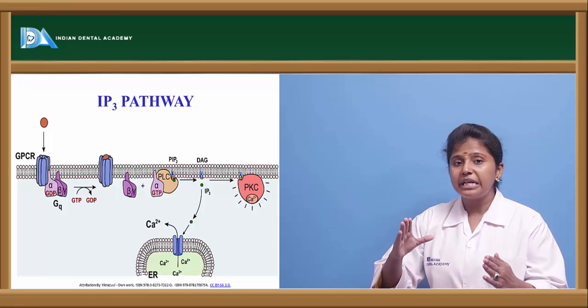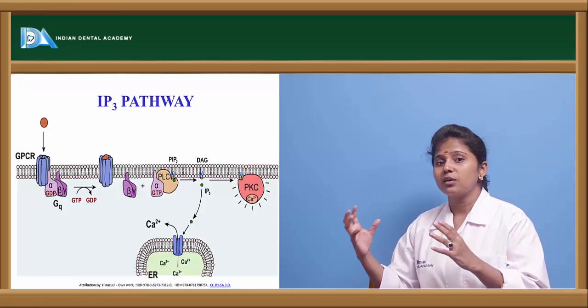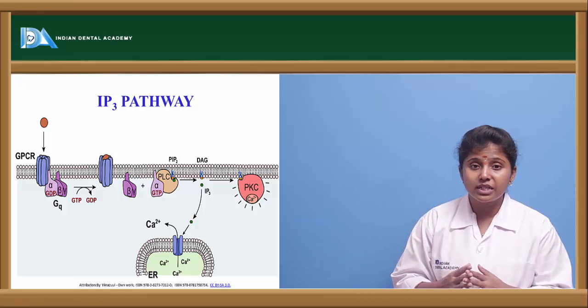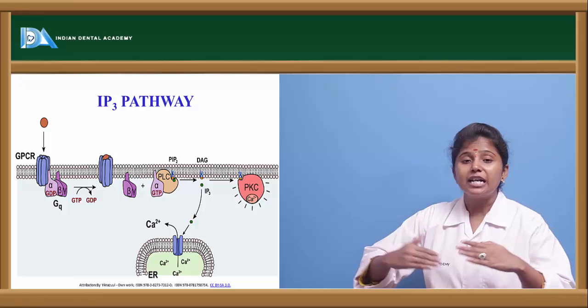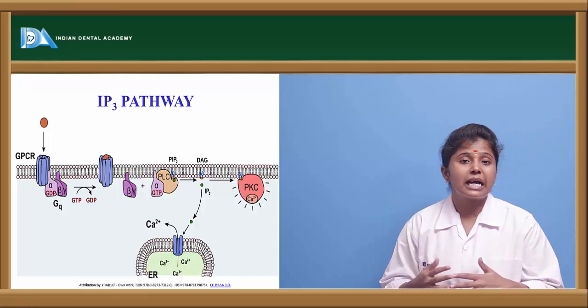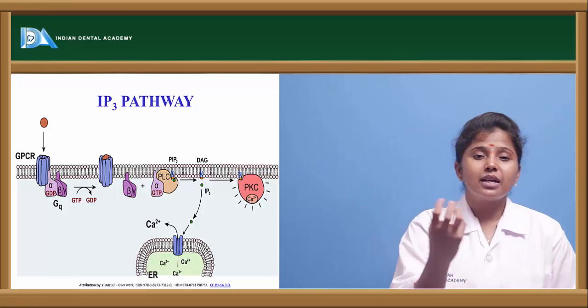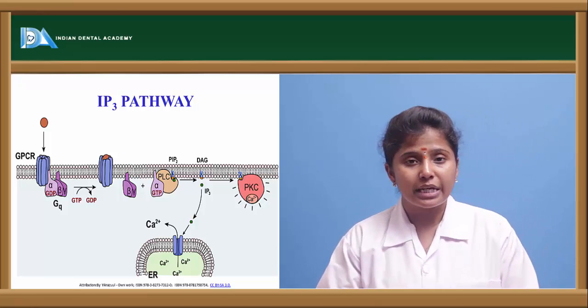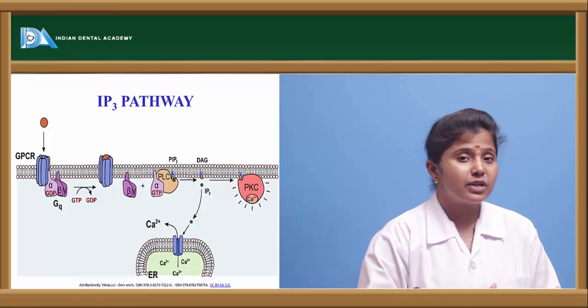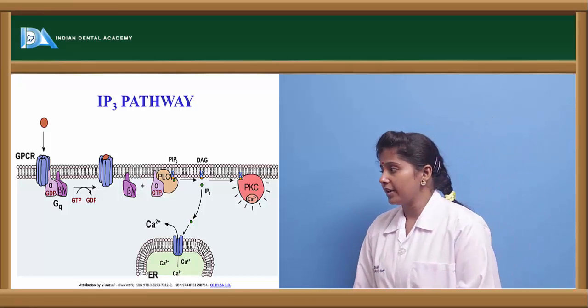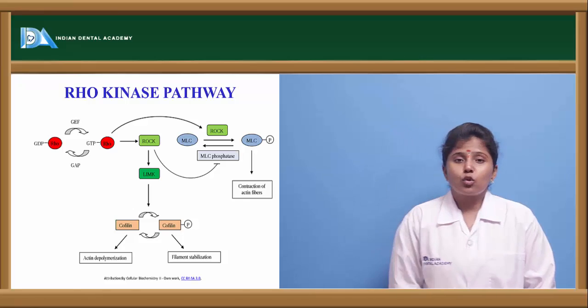So this PIP2 is converted to inositol triphosphate, and this will aid in the calcium levels. Intracellular calcium levels will be increased with the help of this IP3. If intracellular calcium levels are increased, it shows excitatory effect, and if calcium levels are decreased, it shows inhibitory effect.